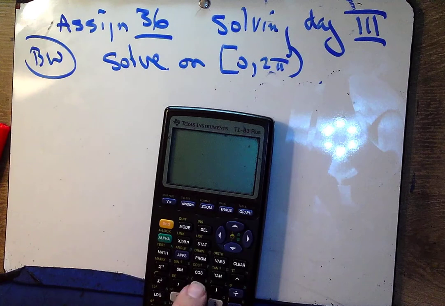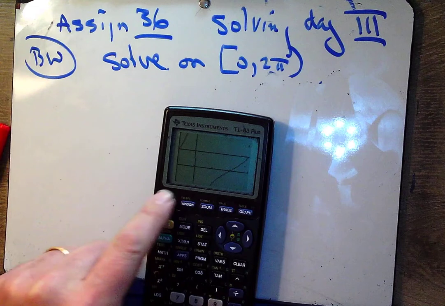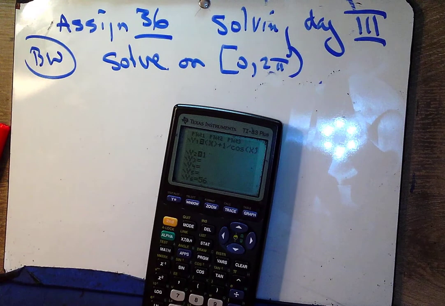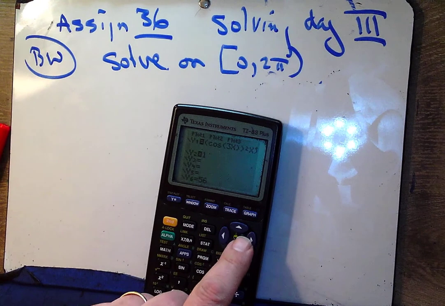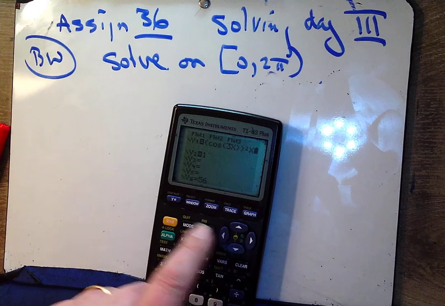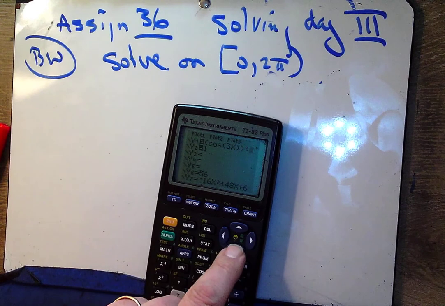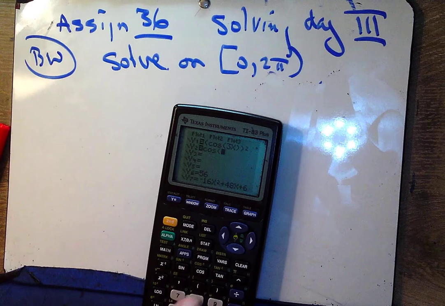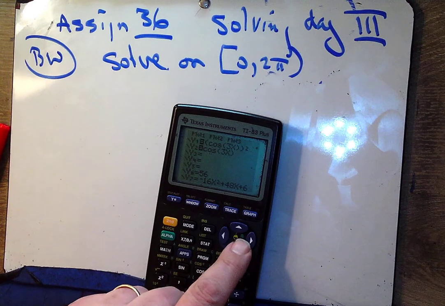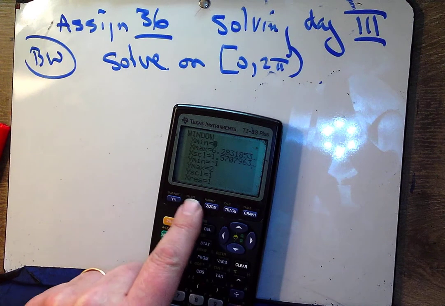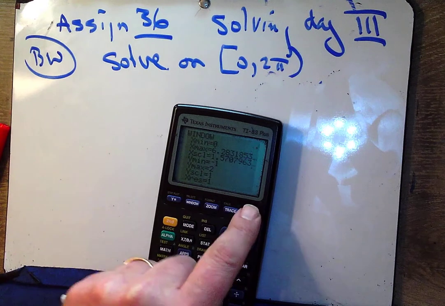So if I put in cosine 3x squared, and then here I put cosine 3x, and I am looking on 0 to 2 pi, so I've got 0 to 2 pi, and go.